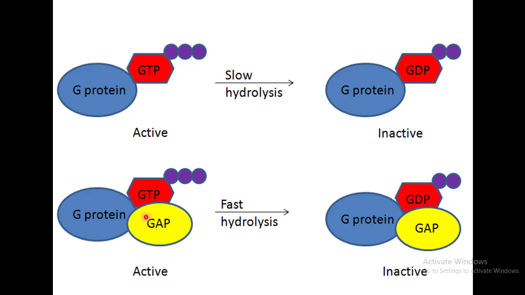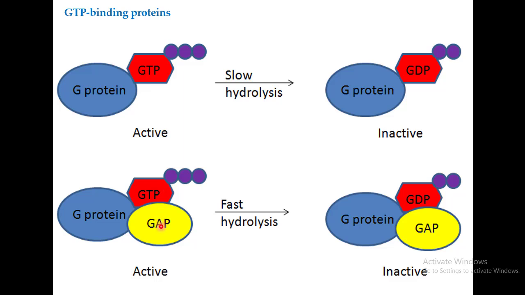What the GAPs are doing is that when they get attached to this G protein or this GTPase protein, that is going to make the hydrolysis of the GTP very fast. Thereby, you can move the G protein from the active into the inactive form. So these are the G proteins. They are also known as GTP binding proteins.